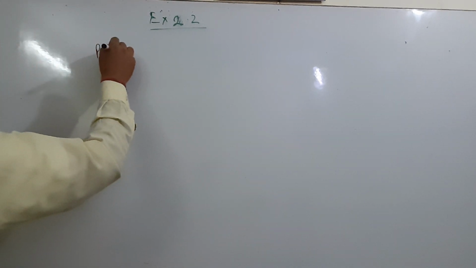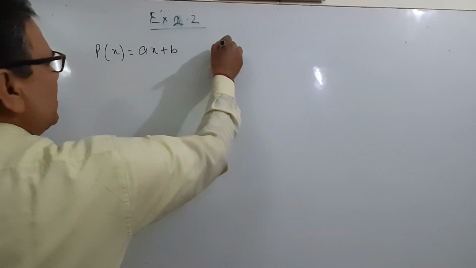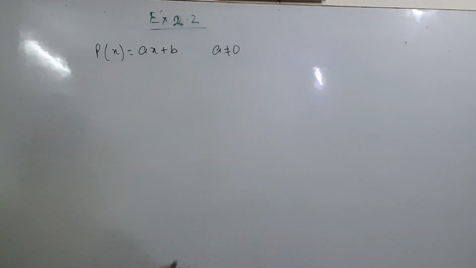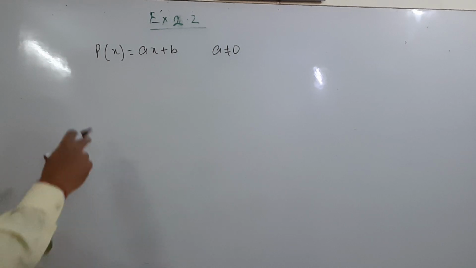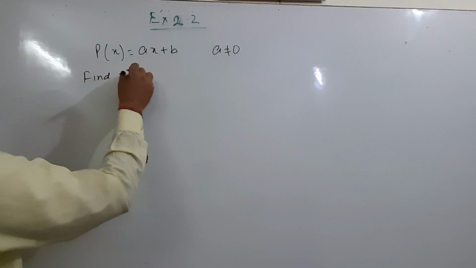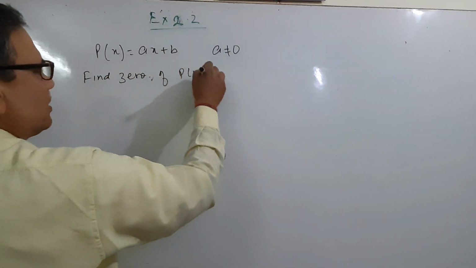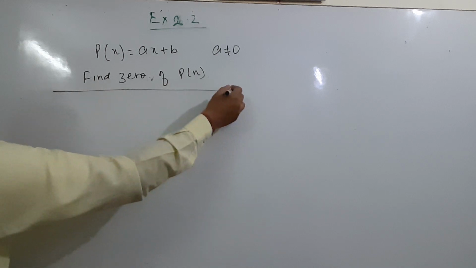If p(x) is equal to ax plus b, a linear polynomial with a not equal to 0, then what is the zero of this polynomial? Find the zero of p(x). How can we find it?